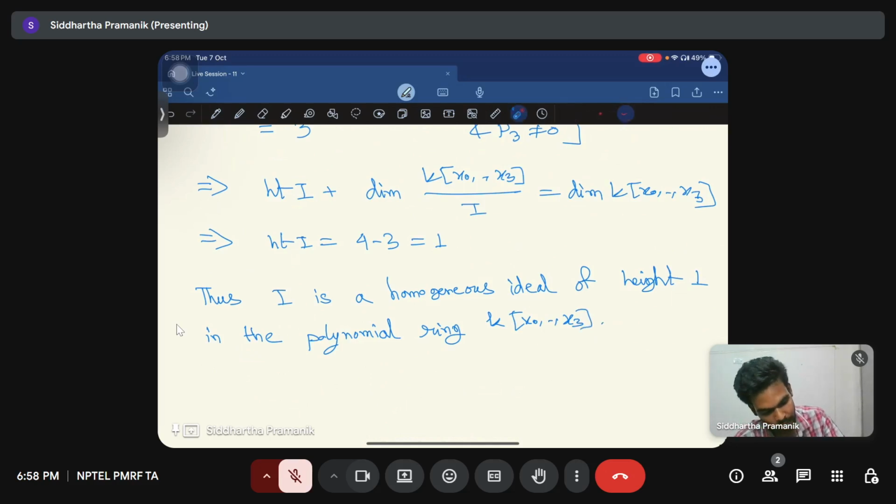But this polynomial ring is a UFD, and in a UFD, I also write this.